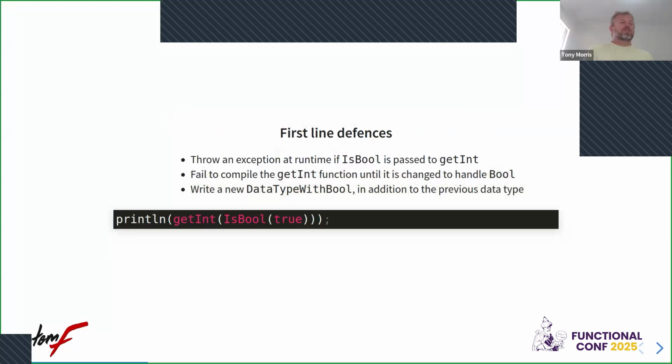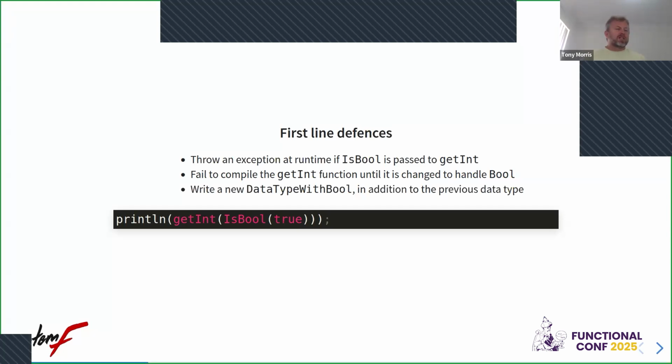So, my experience, yours may be different. Feel free to add in other things that you have seen in code bases. But these are the first line defenses I have seen. Just simply throw an exception. If we call getInt with the isBool case, and if we remember the code, it doesn't handle the isBool case, in which case let's just throw an exception and crash the server, or whatever the consequences are of throwing that exception.